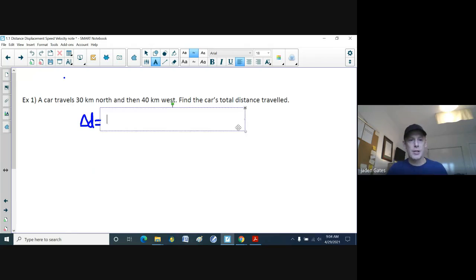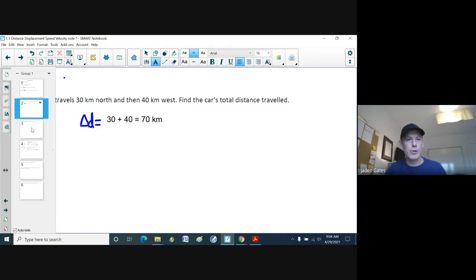It went 30 kilometers north and then 40 kilometers west, which if you add those up, is just that you drove 70 kilometers. That's it, just like the speedometer on your car. It doesn't care where you drove, it just counts how much those tires rolled around and how far they went.